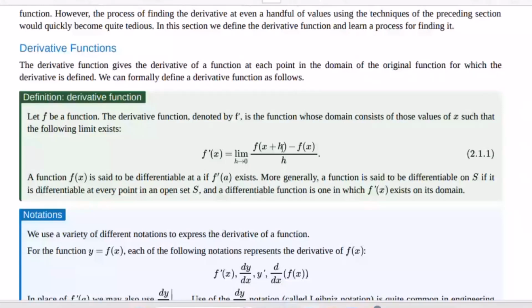Now, let's simplify. The square root of x plus 5 into the square root of x plus 5, since our LCM is the square root of x plus 5, that will be 1. It will go once into itself, and then times 1, it will be 1. Plus, remember, we have h over 1. 1 into the square root of x plus 5 will just be the square root of x plus 5 times h.